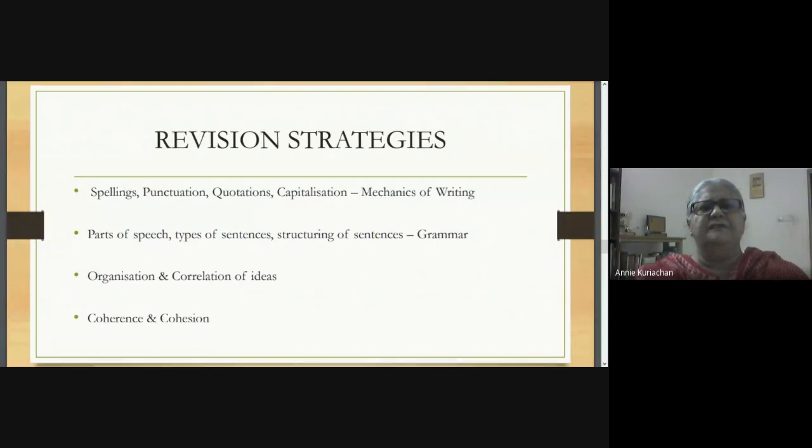And much of this revision strategy is possible if we've read a lot, because a lot of reading helps us internalize good writing. And one of the ways to write well is definitely to read good literature, very good writing.